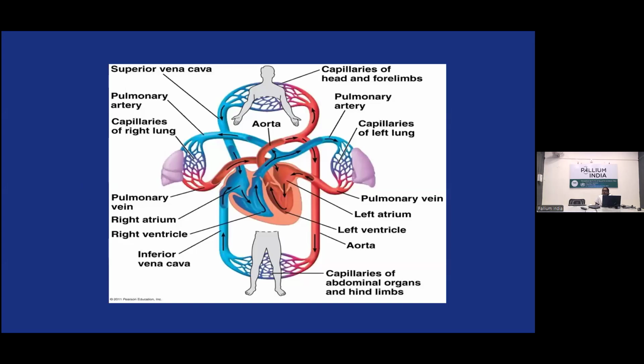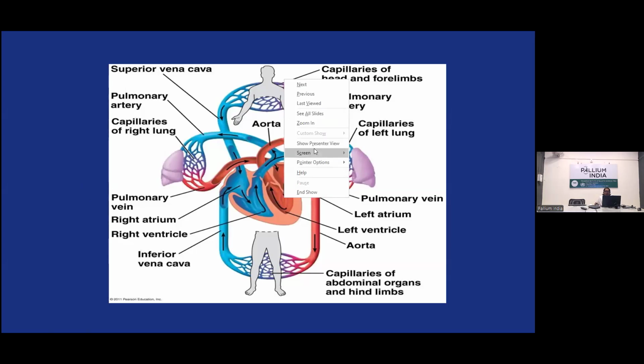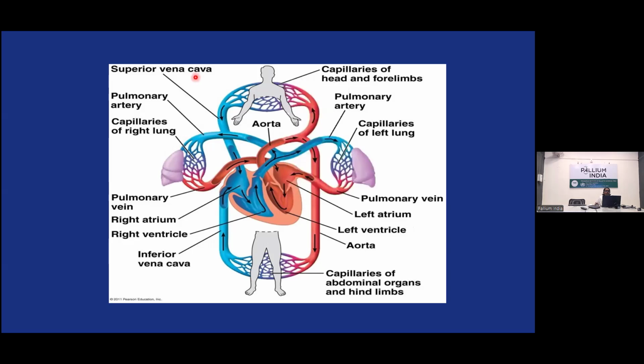You all know our systemic circulation. From the upper part of the body, the superior vena cava takes the deoxygenated blood, and from the lower part of the body, the inferior vena cava takes the deoxygenated blood.